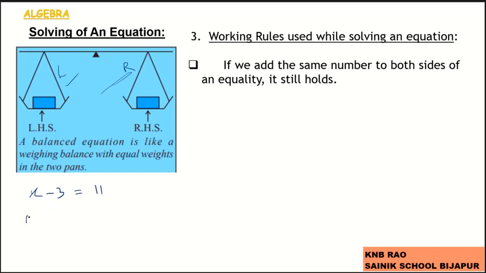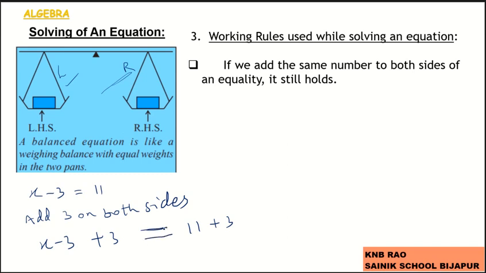If I add 3 on both sides, that means to x minus 3 I add 3 and to 11 also I add 3, then there is no change in the relation, it still holds. That means equality remains as it is.